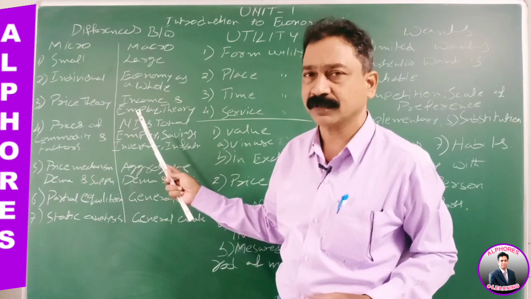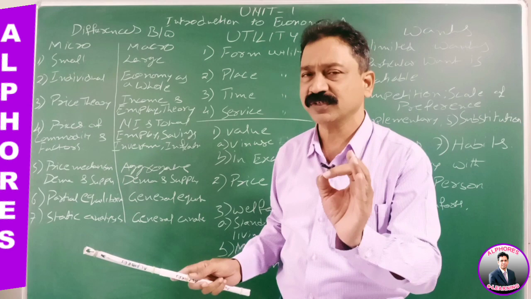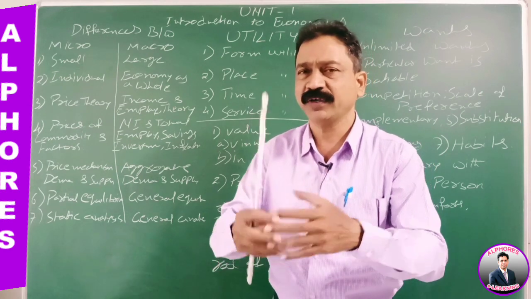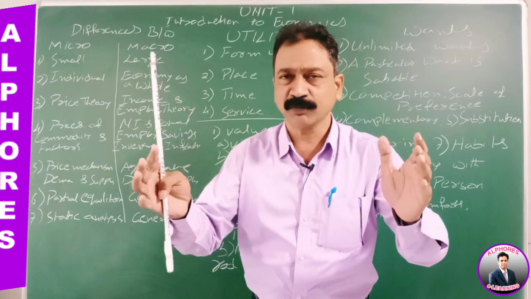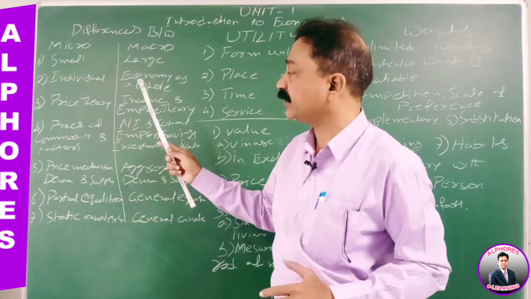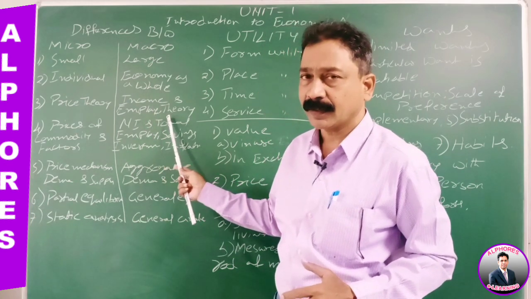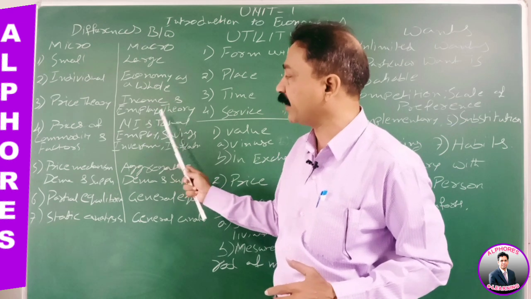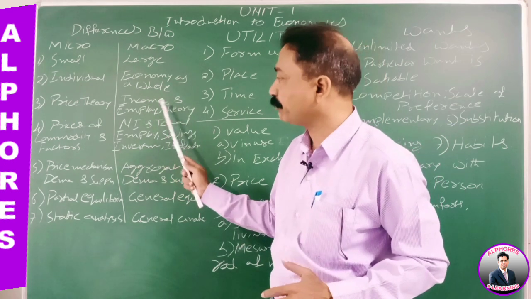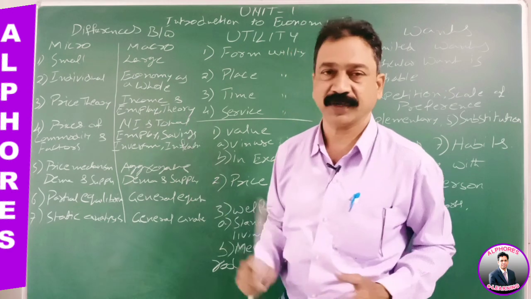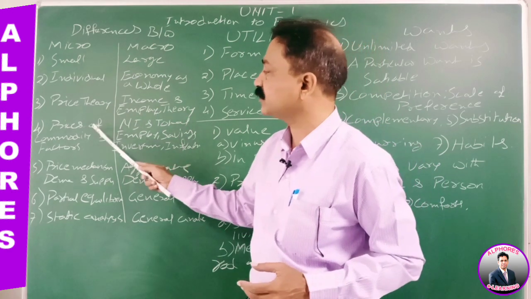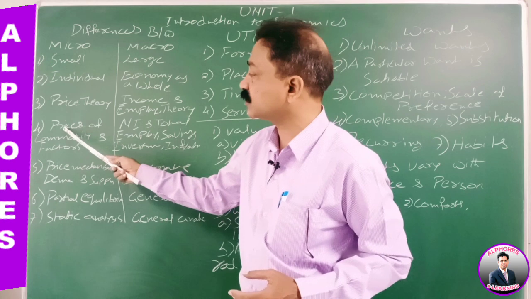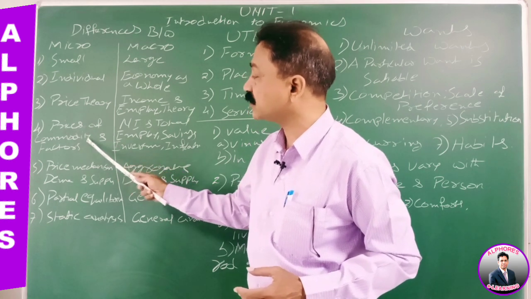Whenever we are discussing macroeconomics, it is all in total: all the factors of production's income and the total employment in the economy. That's why it is called income and employment theory. Okay, next we will see microeconomics discusses the price of commodities and factors.